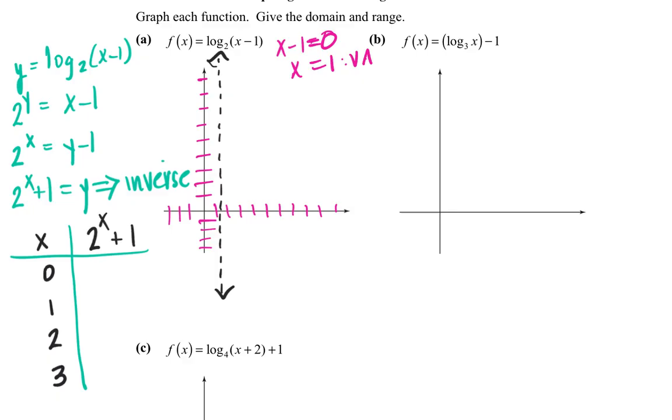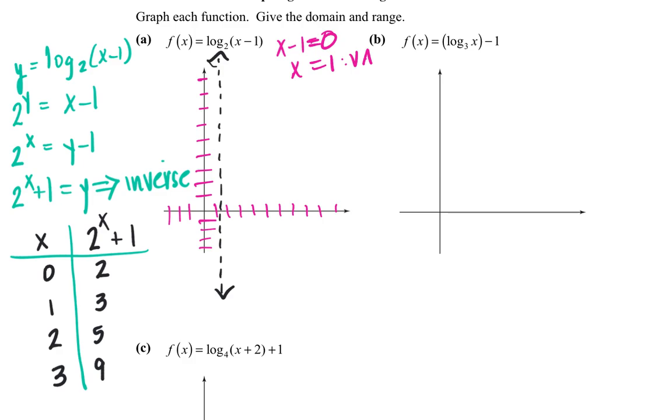So 2 to the 0 is 1, and 1 plus 1 is 2. 2 to the 1 is 2, 2 plus 1 is 3. 2 to the 2 is 4, 4 plus 1 is 5. 2 to the 3 is 8, 8 plus 1 is 9. So there is the inverse.